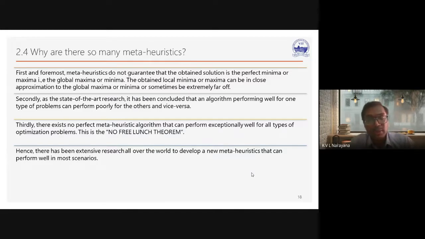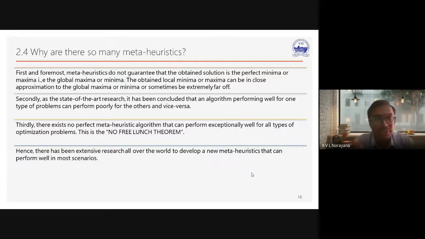People are implementing different metaheuristic algorithms based on different search mechanisms for solving benchmark problems and problems in hand. The problems may be related to electrical systems, agriculture, science, or any discipline I mentioned earlier.